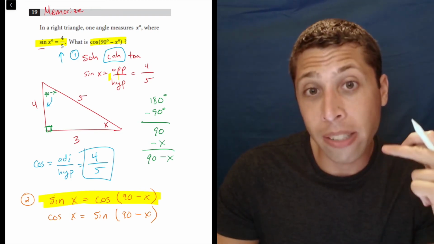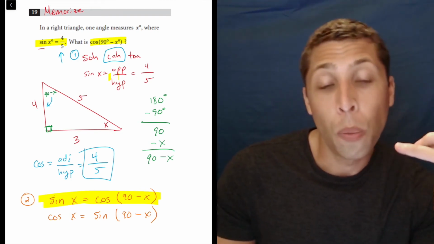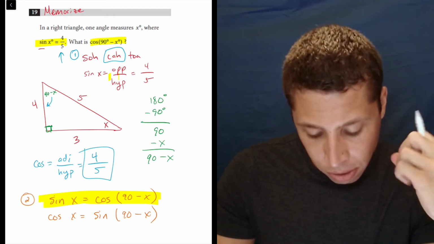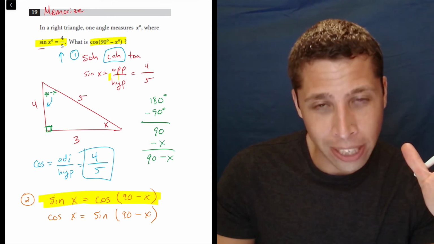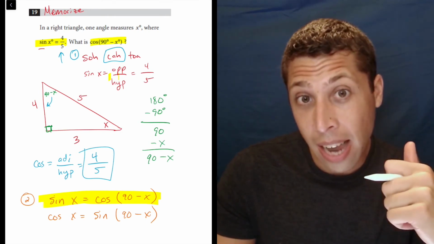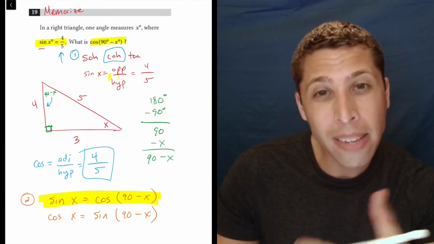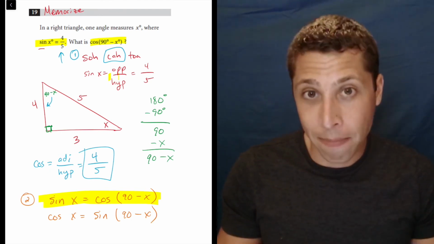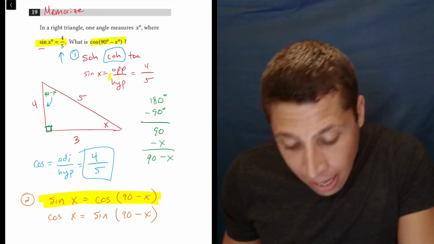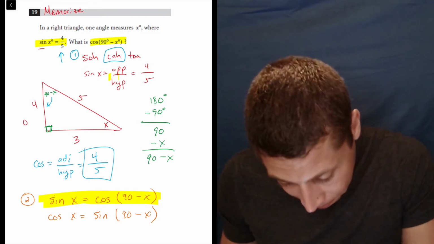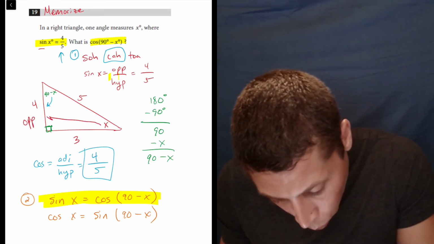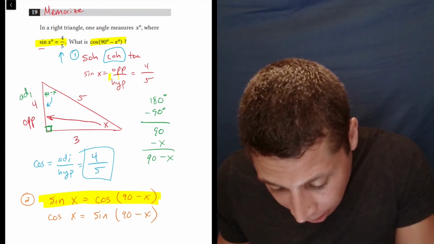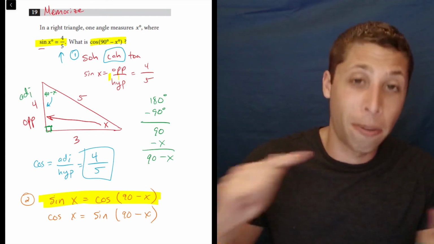But I do think it's helpful to see why it's true. I think it helps you memorize it. Because it seems scary when we look at it, but if we see it happening on the triangle, it makes a lot more sense. Really what this second rule is saying is that the opposite for one angle is going to be the adjacent for the other.